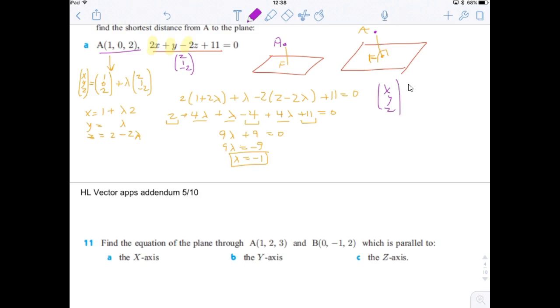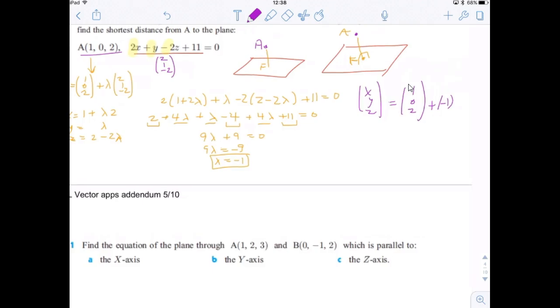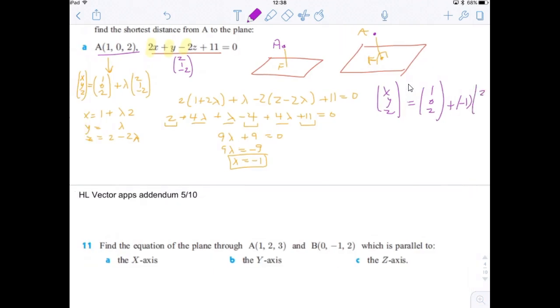X, y, z is equal to 1, 0, 2 plus lambda, which is negative 1, times the direction, which is 2, 1, negative 2. And so we get 1 minus 2 is negative 1. 0 minus 1 is negative 1. And we have 2 plus 2, which is 4.